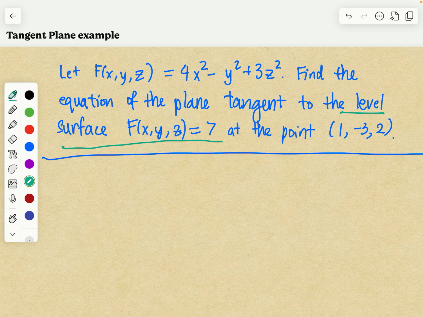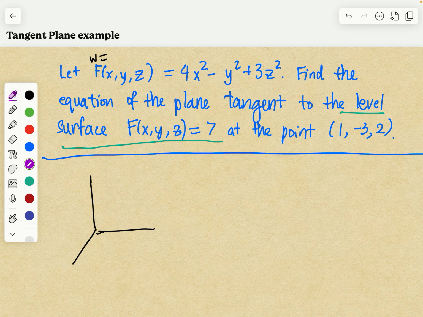So here's our R3, x, y, z, and then you look at the points where the temperature is 7. Well, I don't know what that looks like. That's what you get when you set, maybe this variable is like w. So it's the points in space where when you plug in 4x squared minus y squared plus 3z squared, you get 7.